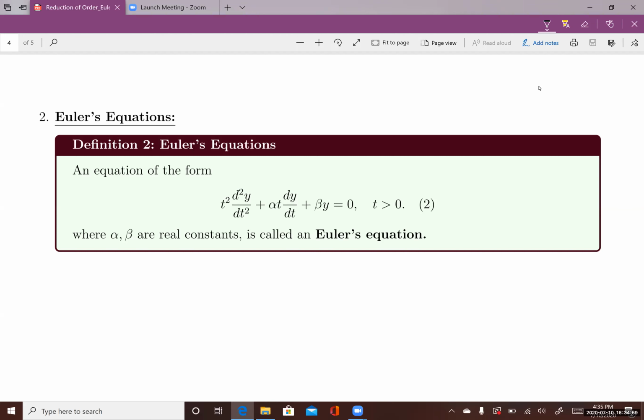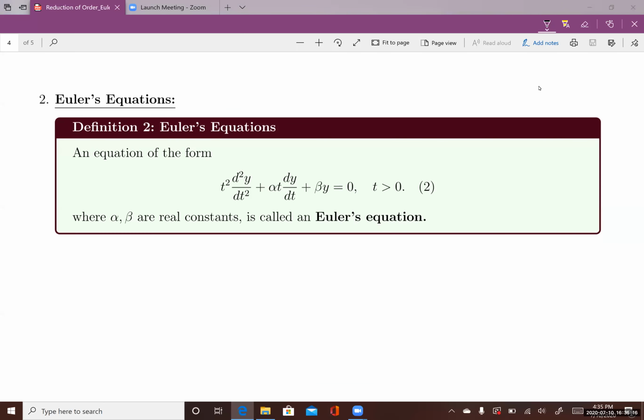Keep in mind that alpha and beta are constants. t and t squared are functions of t. If an equation is in this form, then it's called Euler's equations, and we'll discover how to solve these types of equations.